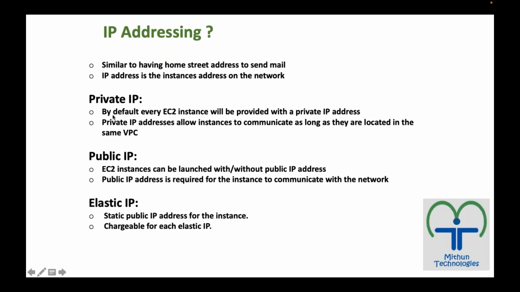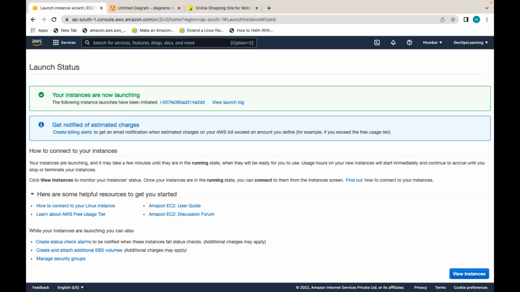By default, every EC2 instance will be created with a private IP address. Private IP addresses can be used to communicate with other servers if they are in the same local network, kind of a LAN.